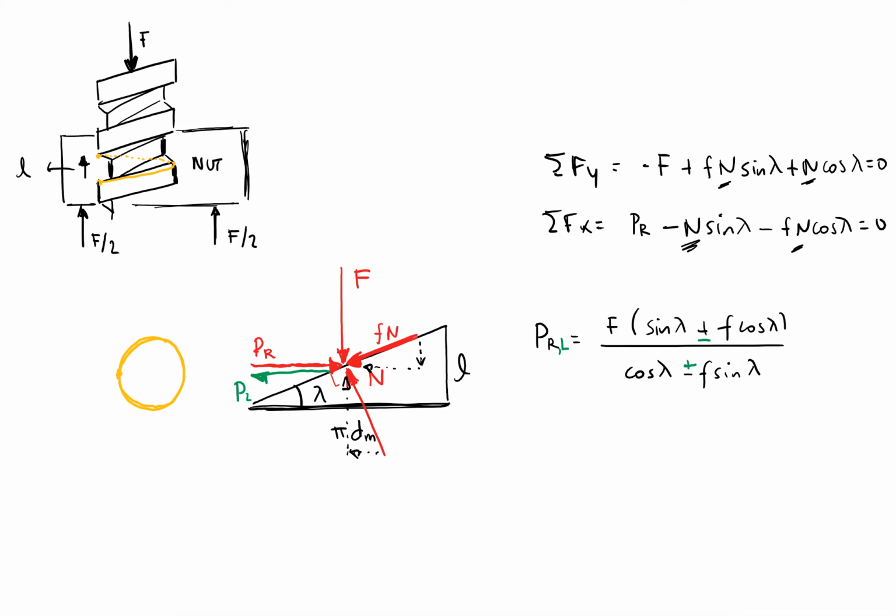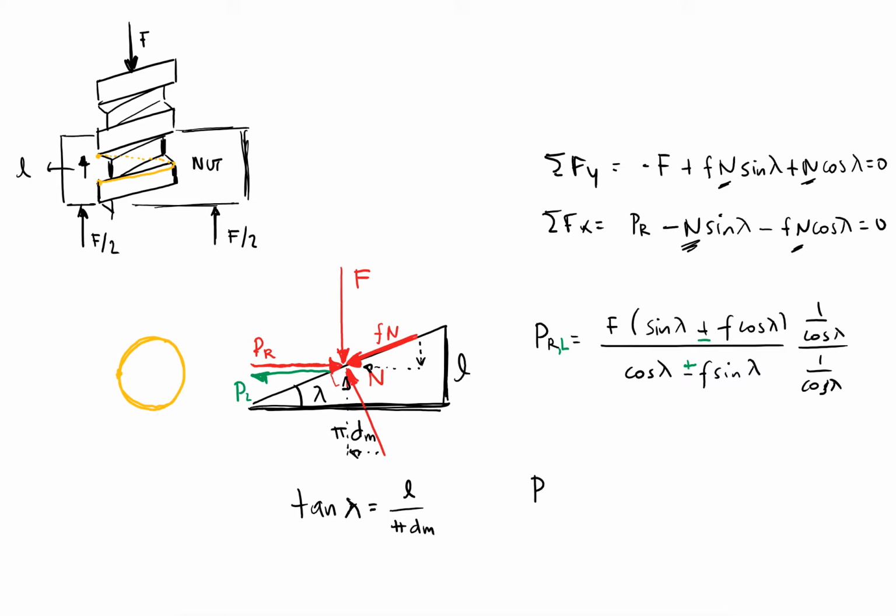All right. Now what I can do to reorganize this is divide by 1 over cosine of lambda, both in the numerator and the denominator. So this would become a 1, this would become a 1, and then the sines here and here would become a tangent of lambda. But the tangent of lambda, I know, is equal to opposite L over adjacent pi dm.